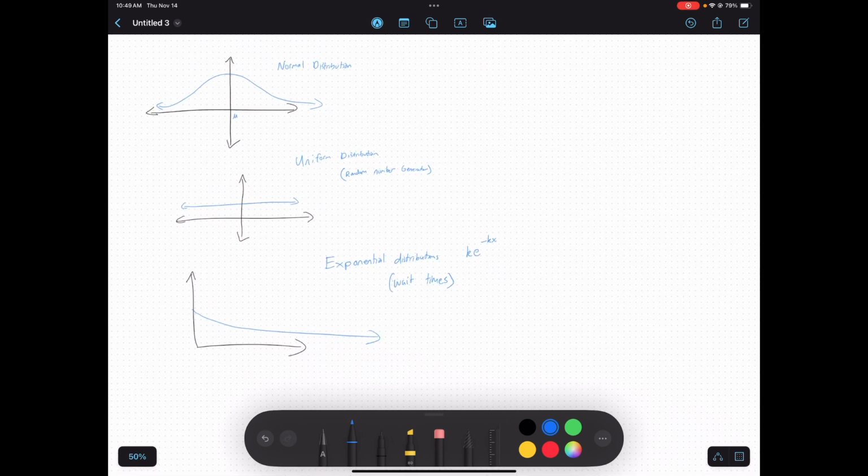But from your data, how are you going to figure out which one matches? Well, that's where your frequency table and histogram is going to come into play. When you have your data values with their corresponding frequencies, what you can do is draw a little dot graph where you put your data values on your x-axis. So this is going to be all of your data values.